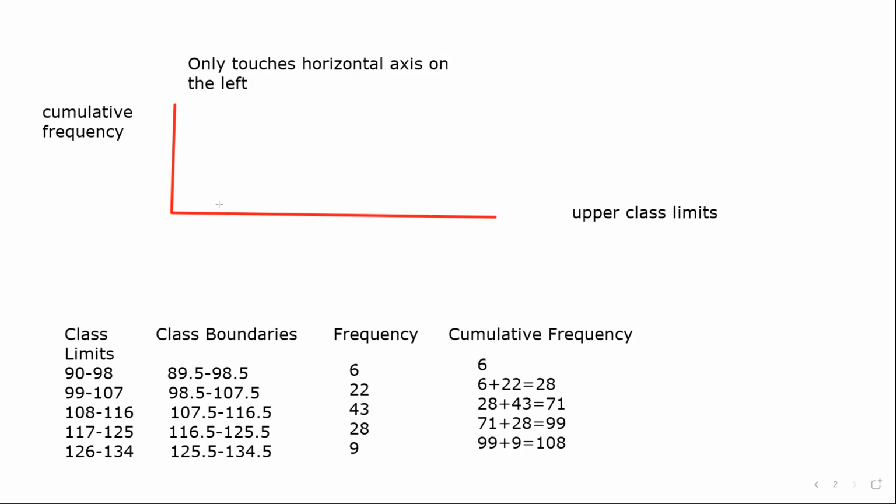You'll see why, because I'll have an extra number here, but I'm going to put some hash marks in here. So this is going to be my upper limit. I'm going to start with 98.5.